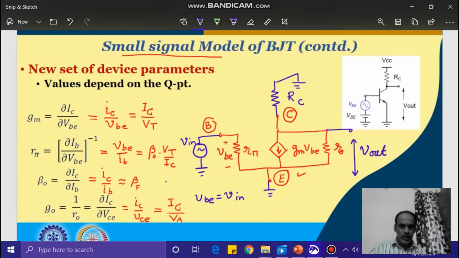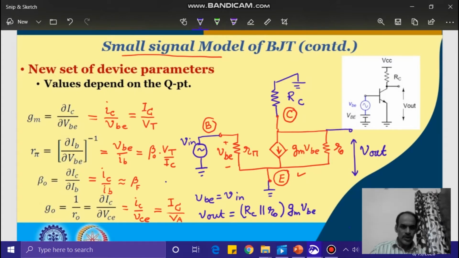The output voltage Vout is the output resistance RC in parallel with r0, multiplied by the current flowing into this node, which is gm times VBE.